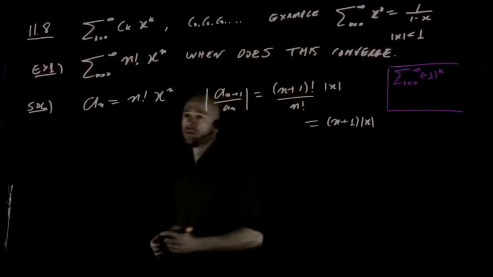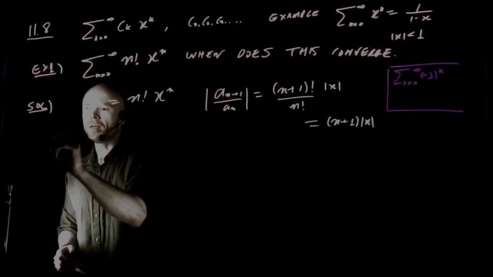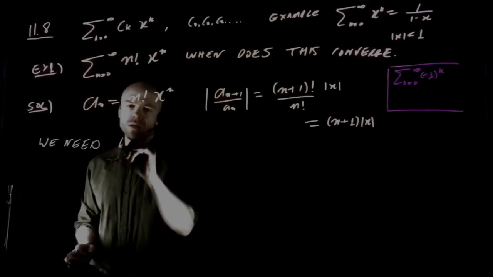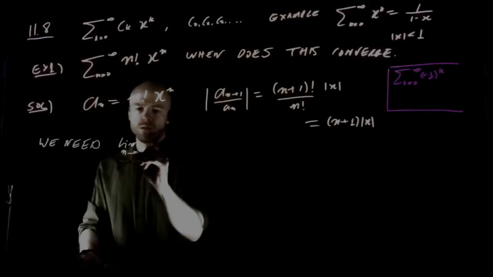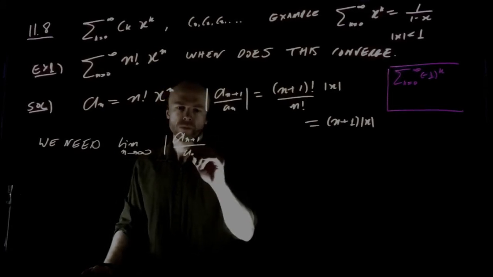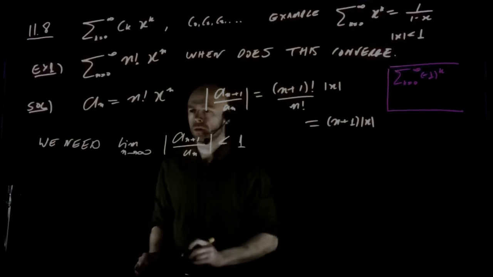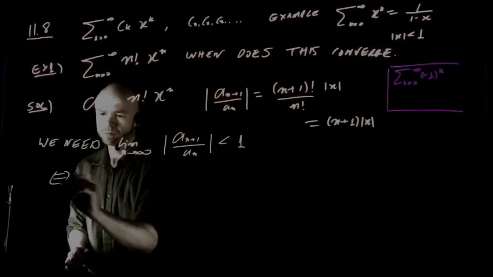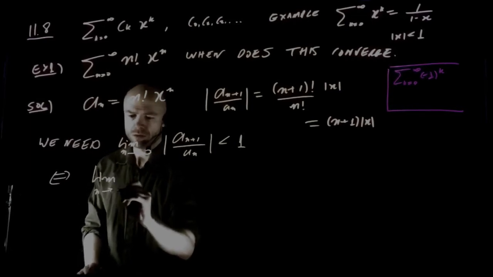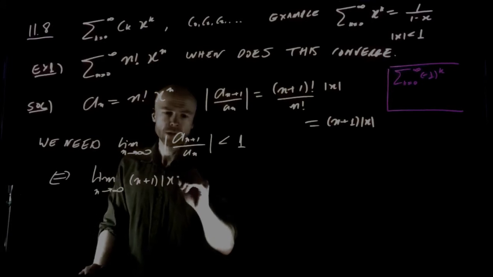And in order for this to converge by the ratio test, we need that the limit, as n goes to infinity, of a_(n+1) over a_n to be less than 1. So that's equivalent to having the limit, as n goes to infinity, of (n+1) mod x.